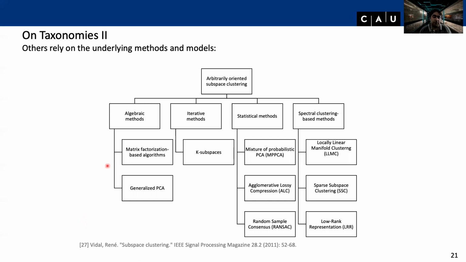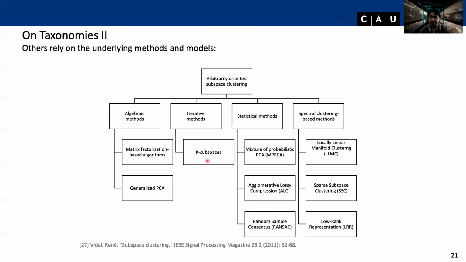And what is done here is a different categorization: what are the underlying techniques? What is it based on? So there we got a classification into algebraic methods, like matrix factorization based algorithms or generalizations of PCA, iterative methods like k-subspaces, for instance, that are iterative.